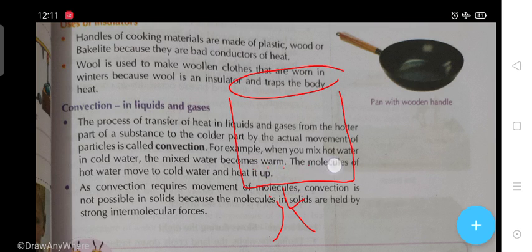The molecules which come in contact with the heat become energetic and lighter, and they rise upward. Then the cold part comes in contact with the heat, and again that becomes lighter and comes to the surface of the water. So in liquids and gases, the convection method is used to transfer the heat.